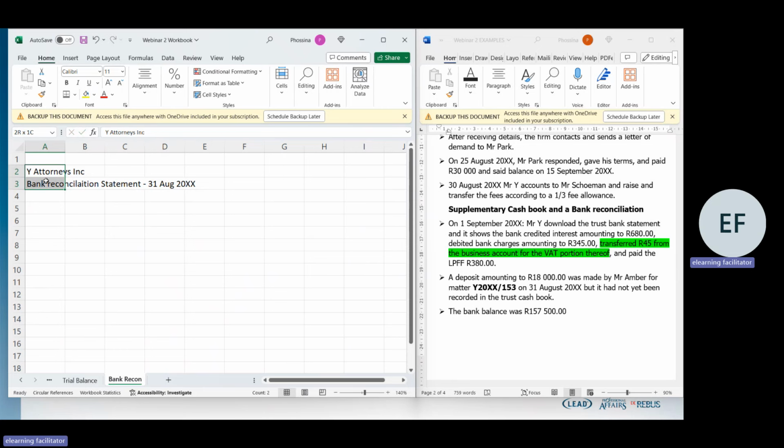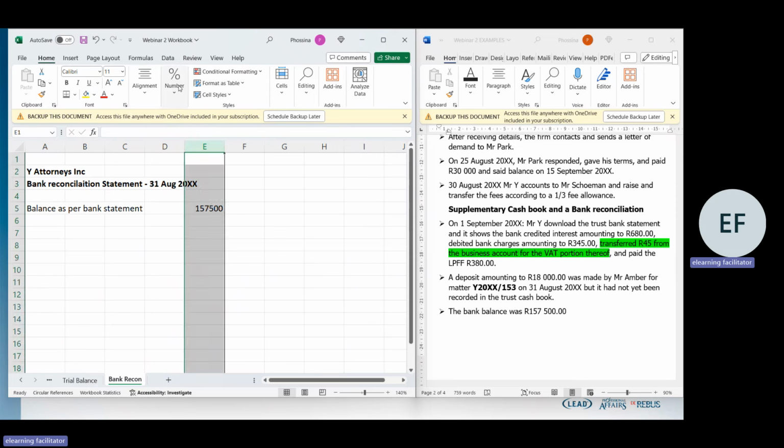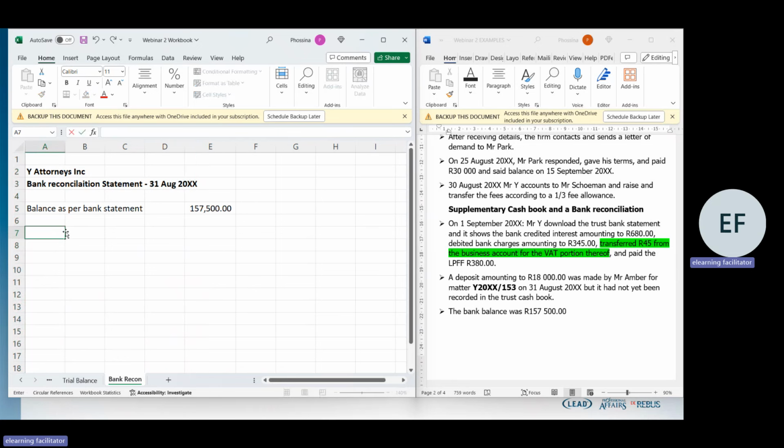We've done our supplementary cash book. So let's start with the balance as per bank statement. How much is it we are given here? It is 157,500. So as it is, we don't have any other errors. We don't have issues. So if we can come to our balance as per cash book.